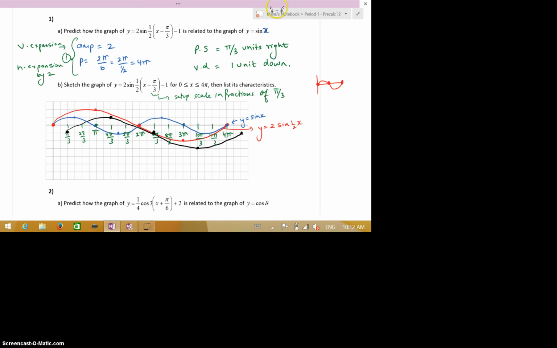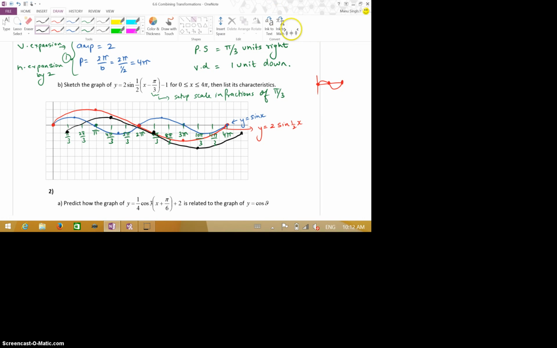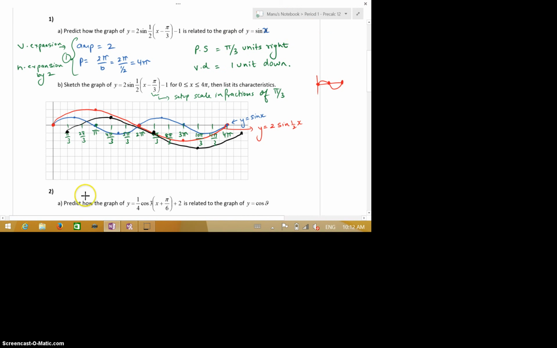You will notice that the graph has been moved 1 unit down, so that means the midline of this graph, right, where the graph was centered, is now going to be 1 unit down.